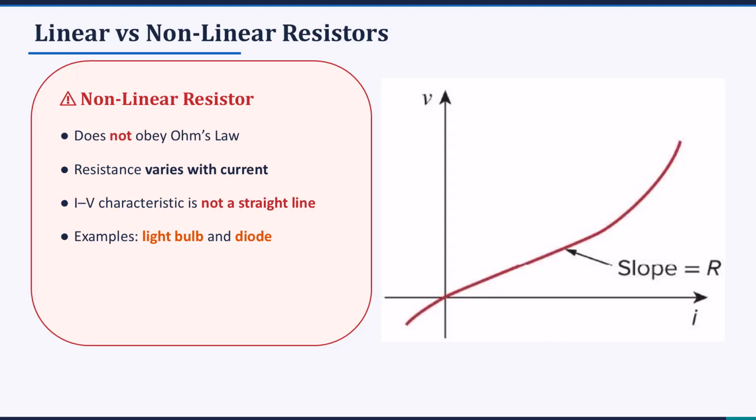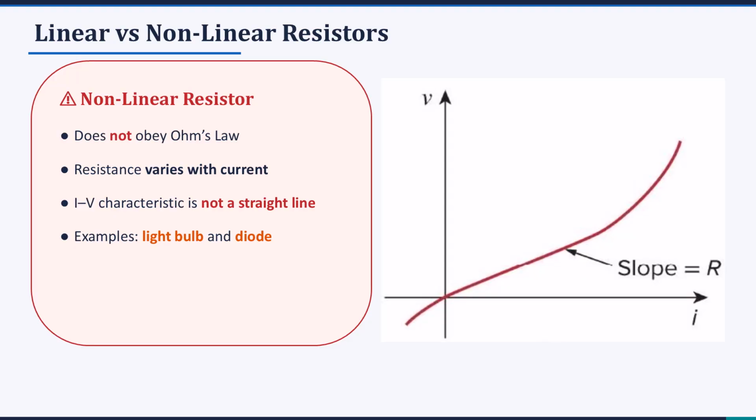Two very common examples of nonlinear devices are the incandescent light bulb. As the filament heats up, its resistance increases dramatically. A cold bulb has a very different resistance from a glowing hot one. And the diode, one of the most important components in electronics.